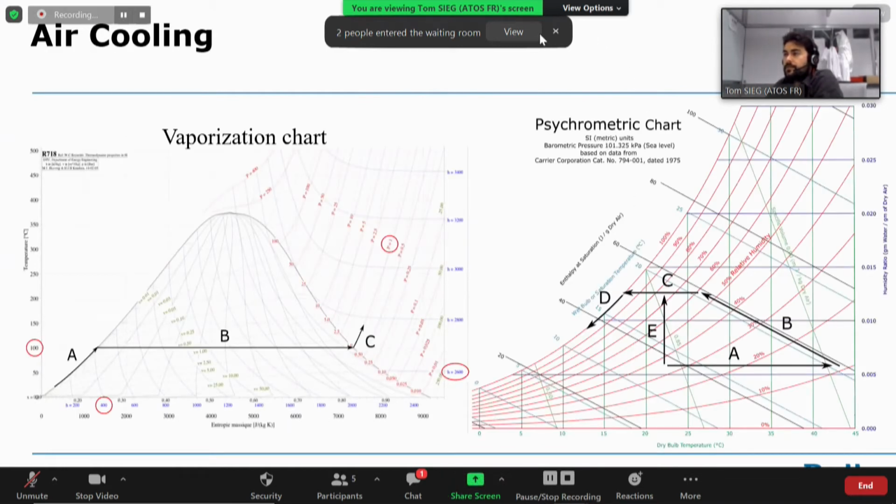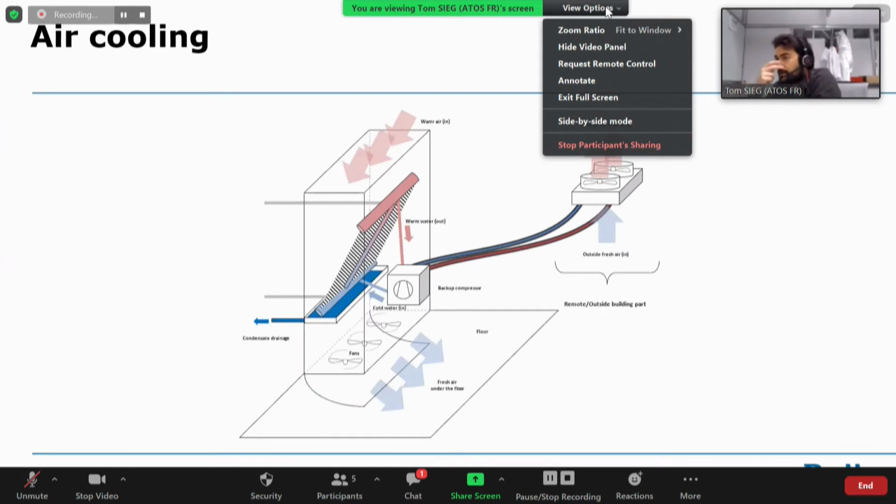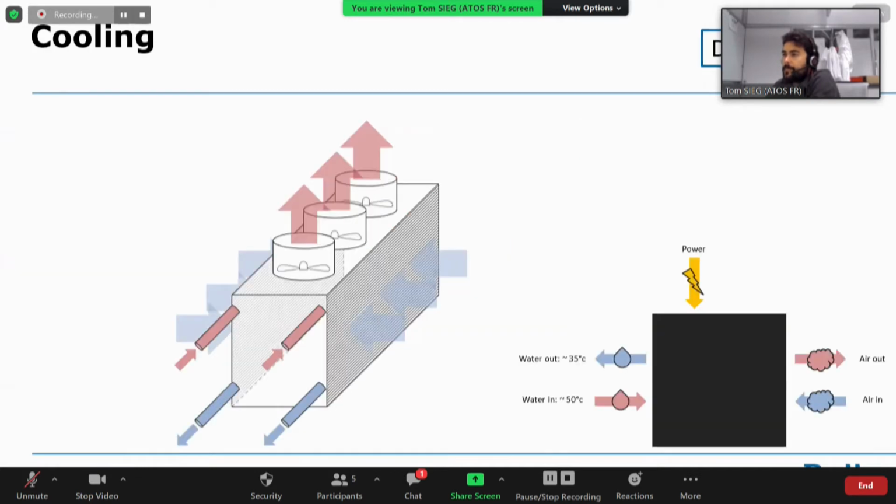We saw the different charts, vaporization charts and psychrometric charts. As a quick reminder, each system will have an external, remote system outside the building, and an internal system, generally fresh air or a direct cooling system for the compute parts.